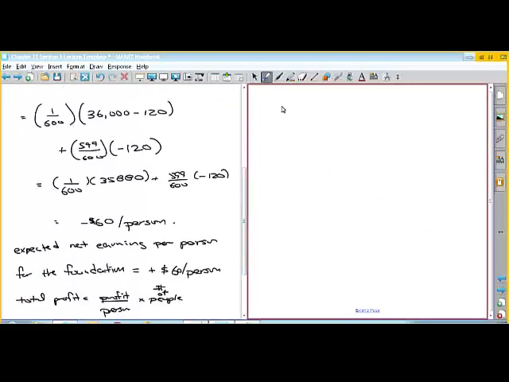So the second way would be to say, net profit equals revenue minus cost for the foundation. The revenue is going to be equal to 600 people times $150 per person. Was it $120 per person?